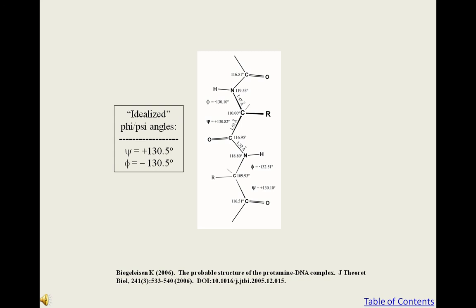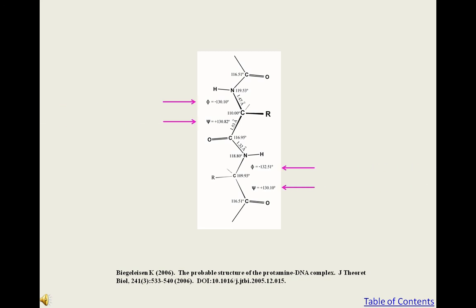You'll notice, however, that the angles shown here are a bit different. That's because setting psi and phi to exactly plus and minus 130.5 degrees results in a structure which is very slightly curved. A perfectly straight template was created by cloning a single amino acid residue from an idealized psi and phi plus and minus 130.5 degree polypeptide, transposing it exactly 6.8 angstroms along the y-axis, and reattaching it to the parent residue.